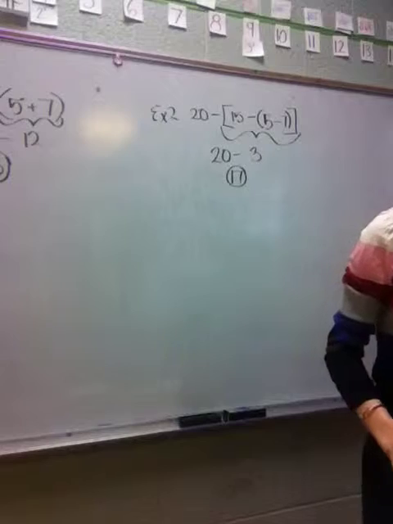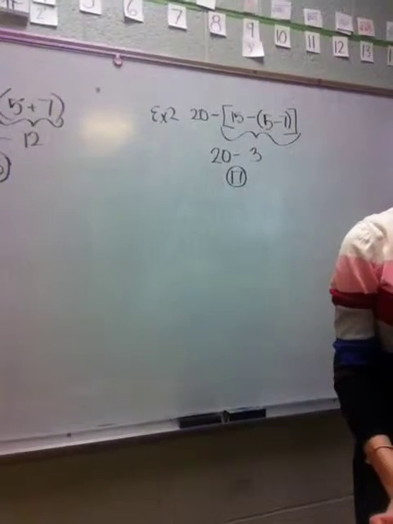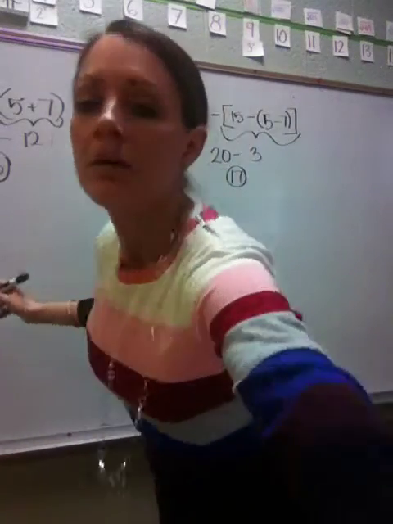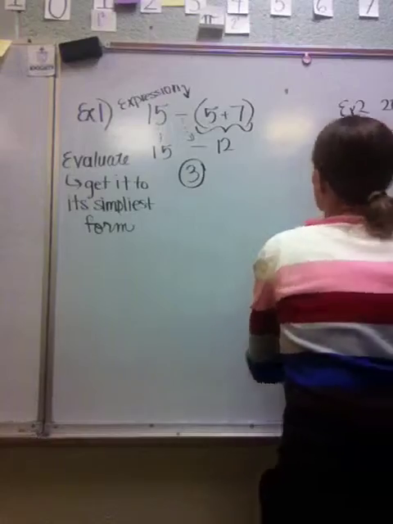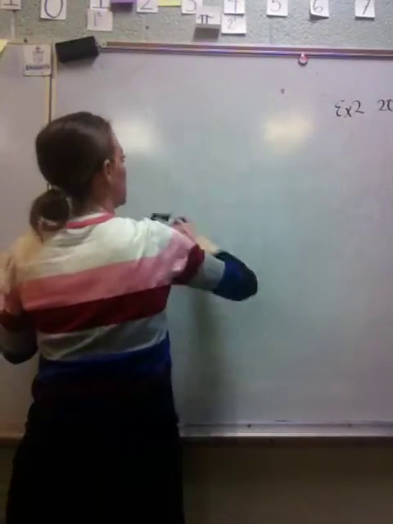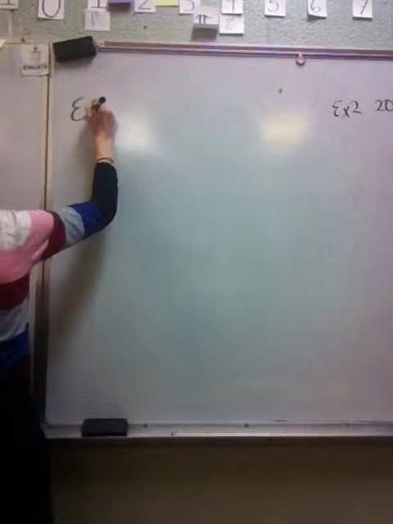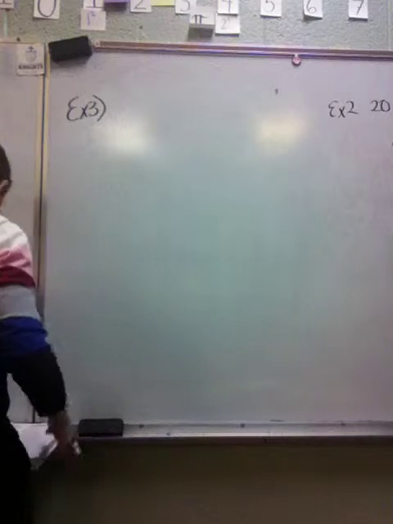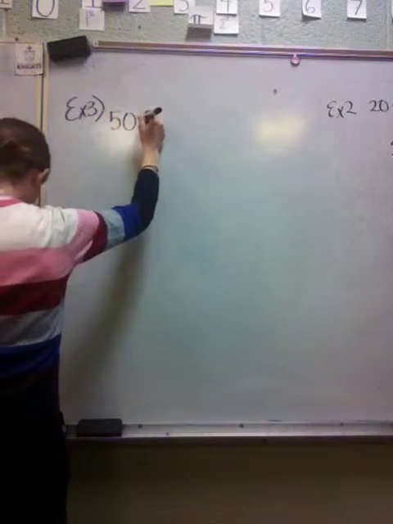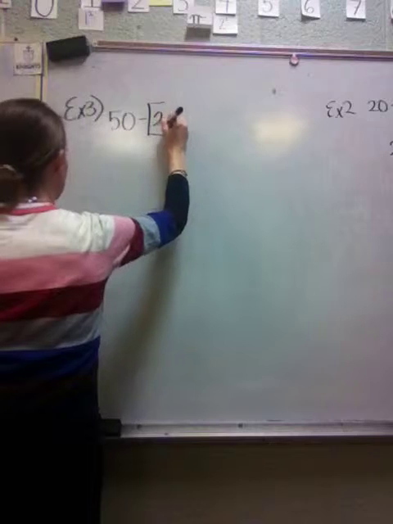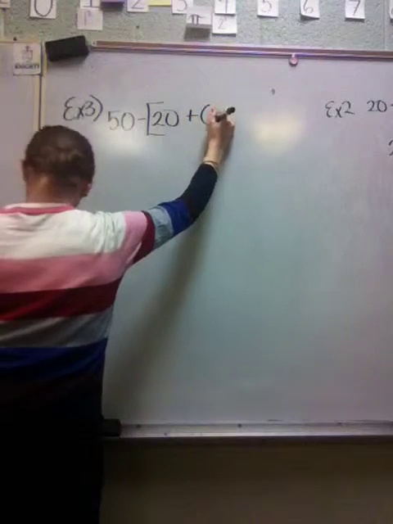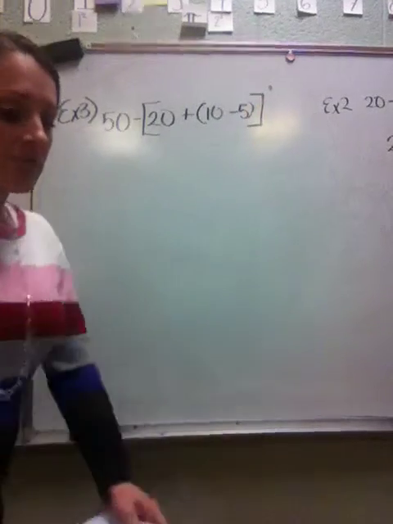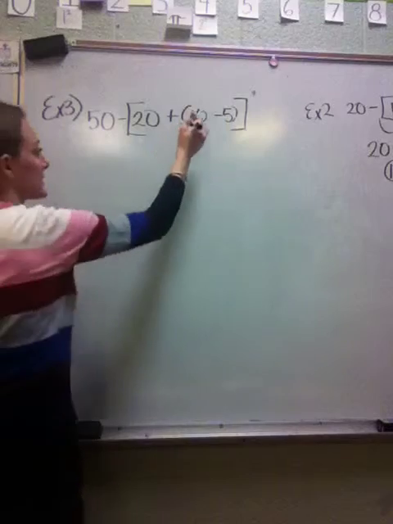All right, let's look. Here we go. Another example, example 3. Let's look at 50 minus, in brackets, 20 plus 10 minus 5. All right, can I give you one vocab word now that you might see?